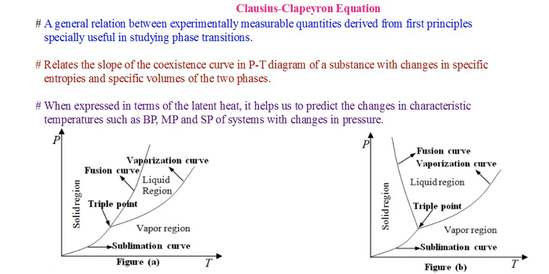In order to understand its use, I draw your attention to PT diagrams, the pressure temperature diagrams of thermodynamic systems. At the bottom of the screen, I have included two PT diagrams, which may look almost identical, but there is some notable difference.